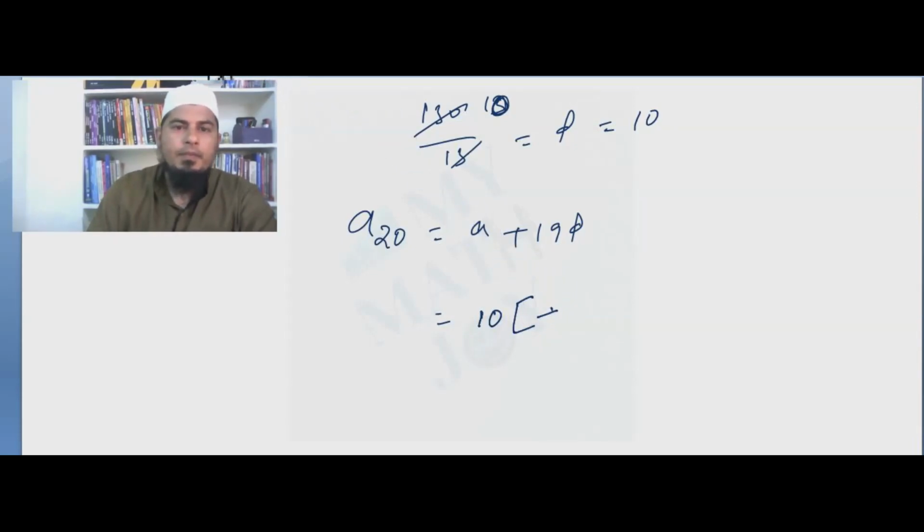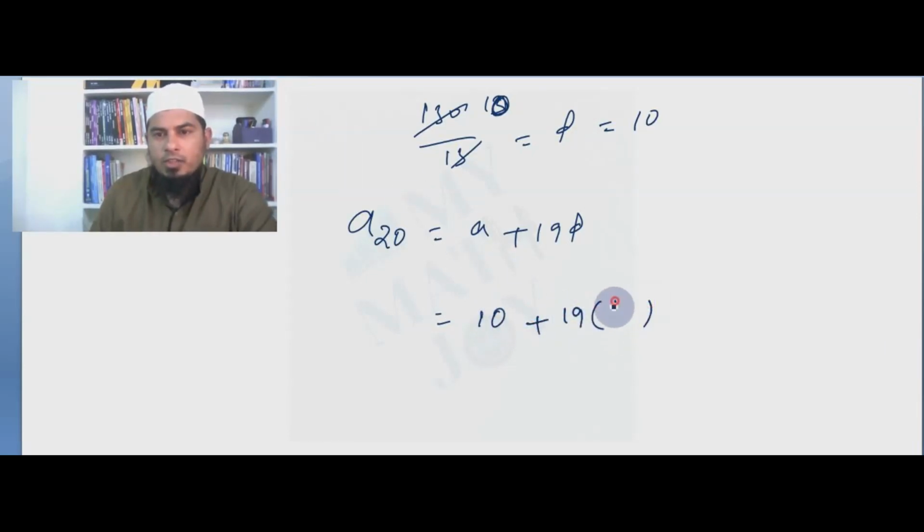First term is 10, 19, and d is also 10. You got it, 10 plus 190. If you add exactly, you will get 200. So the 20th term is 200.